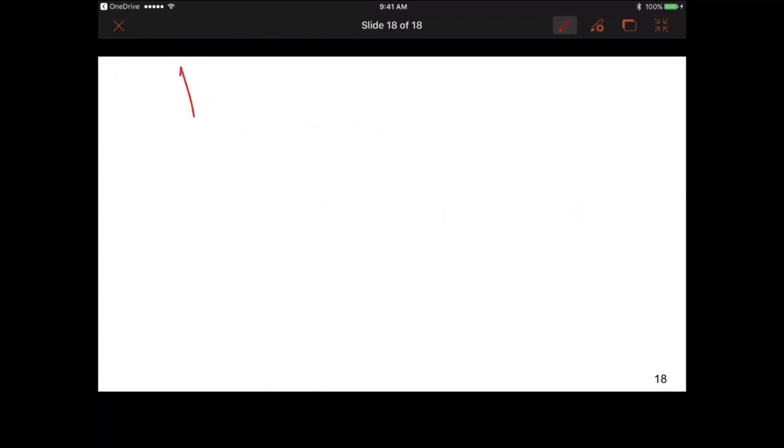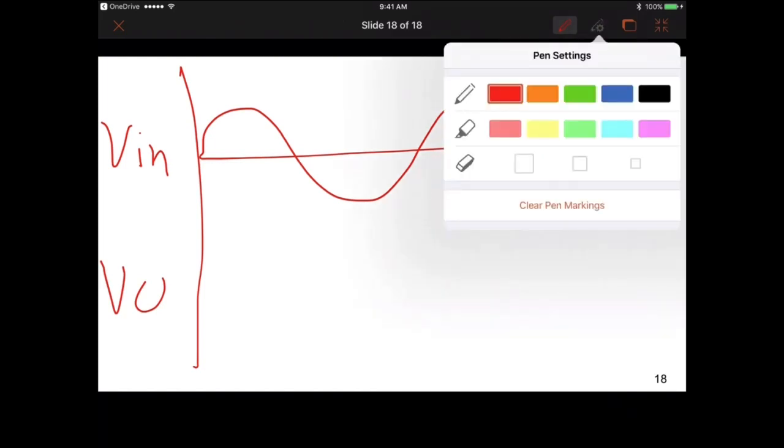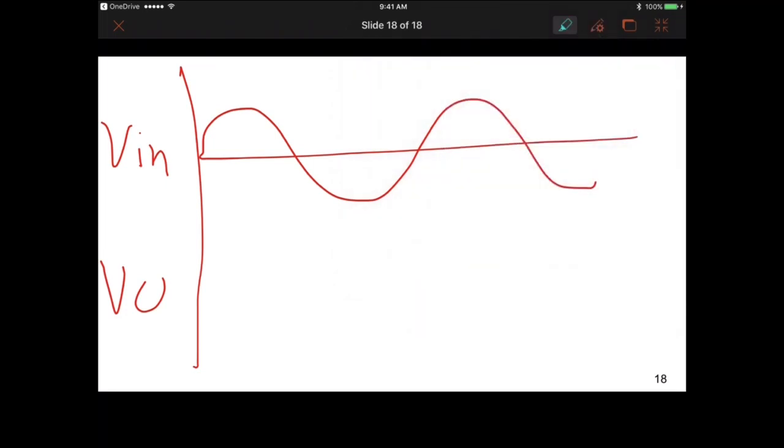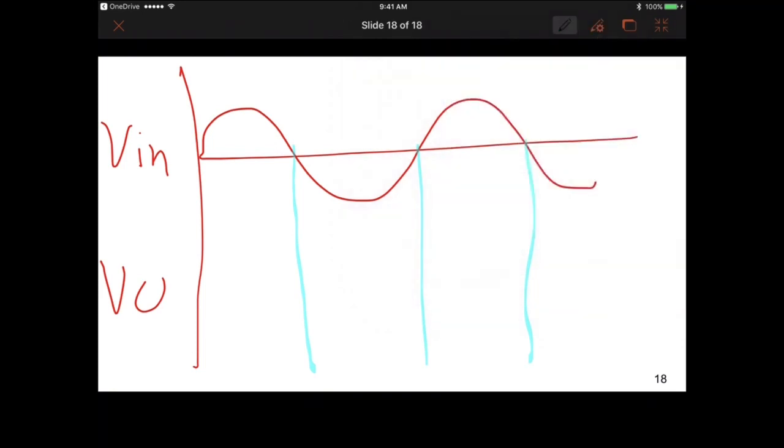Finally, this is not to scale by any stretch of the imagination. This would be Vin, and this would be VO, and it's 180 degrees out of phase.